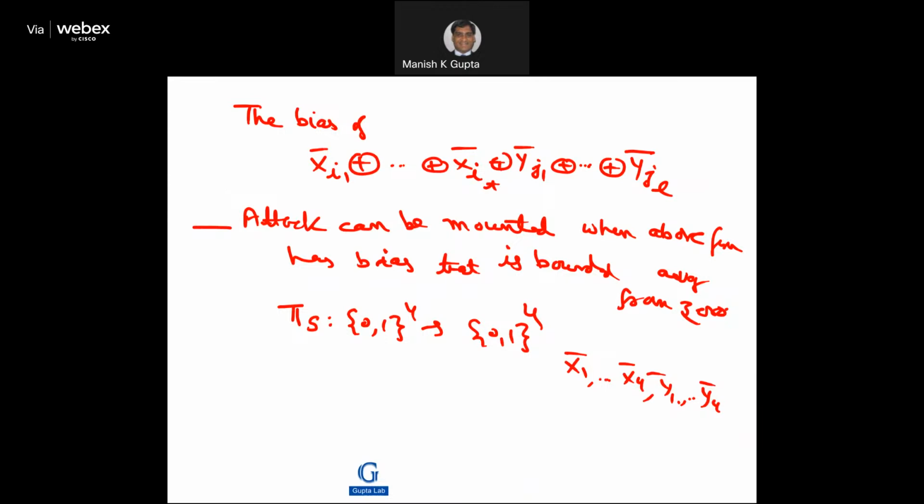Now again, we look at a small example, where l is equal to m is equal to 4. So we are looking at these 4 variables here and 4 variables there. How many possibilities are there? Each has how many choices?